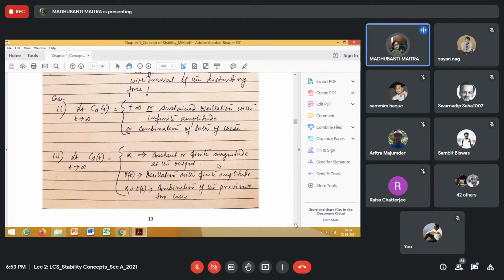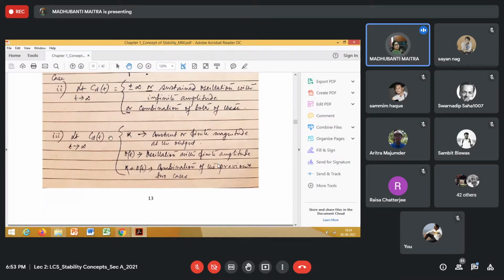And the third case could be like this, that as time t increases, this component will become constant, some constant k, or undamped oscillation with some constant amplitude, oscillation with finite amplitude. In this particular case, the amplitude is not infinite. Or any combination of these two, that means k plus oscillation, right?